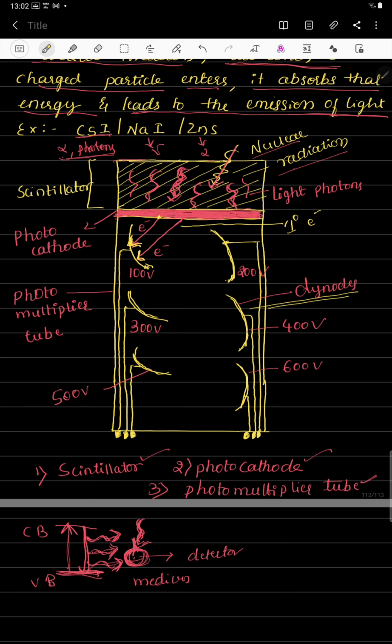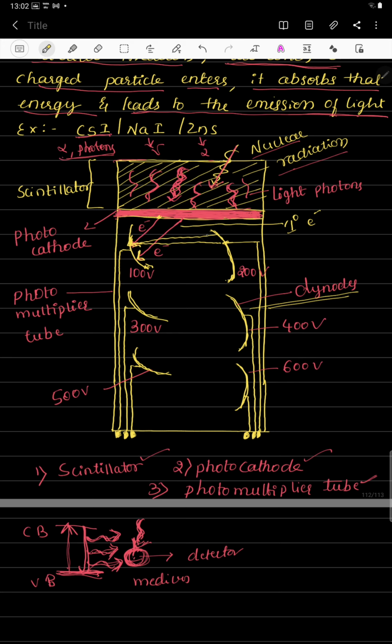When these electrons hit the metallic surface of the dynode, that leads to the emission of secondary electrons. When a primary electron hits, the dynode knocks out another electron, so with one electron you have 2 electrons emitted.